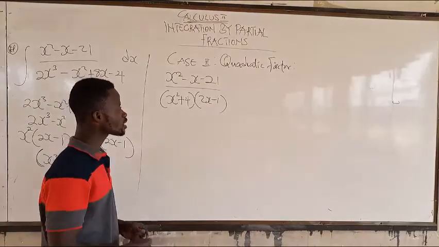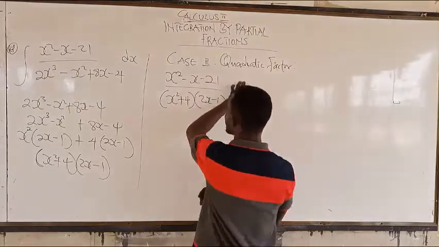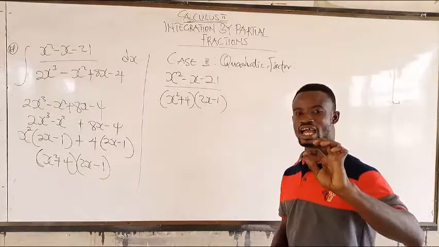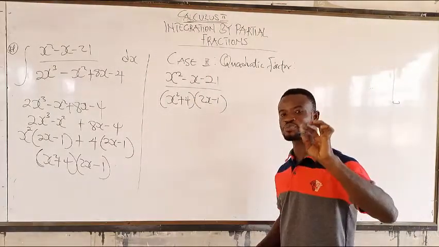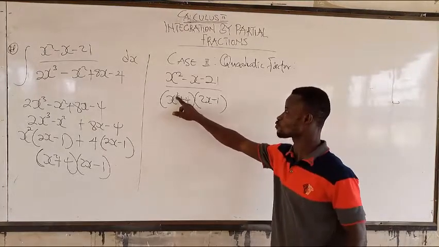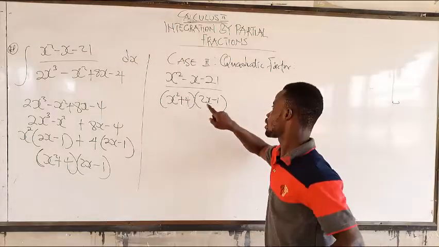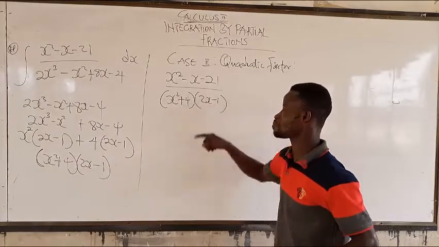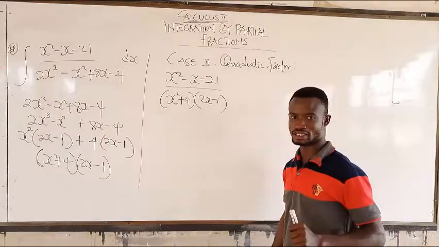Very good. So now you can see that this is where the case of a quadratic factor in the denominator is coming in. You can see that this has a power of 2, so it is quadratic. But this is not quadratic because it has a power of 1.